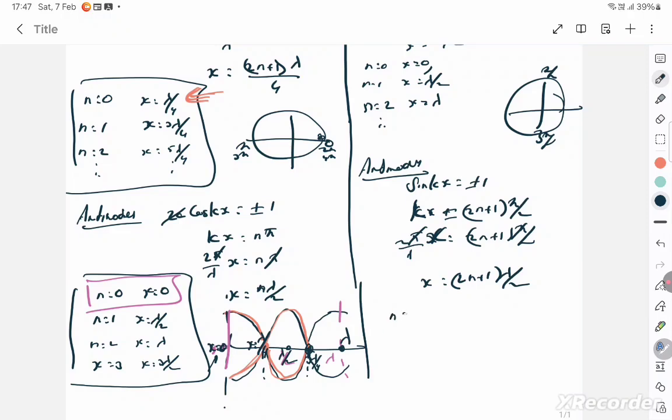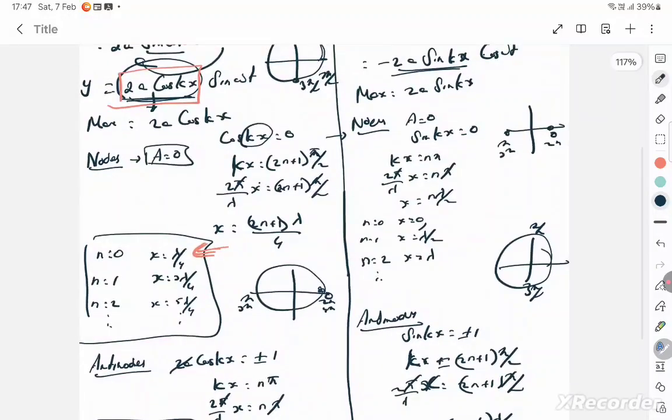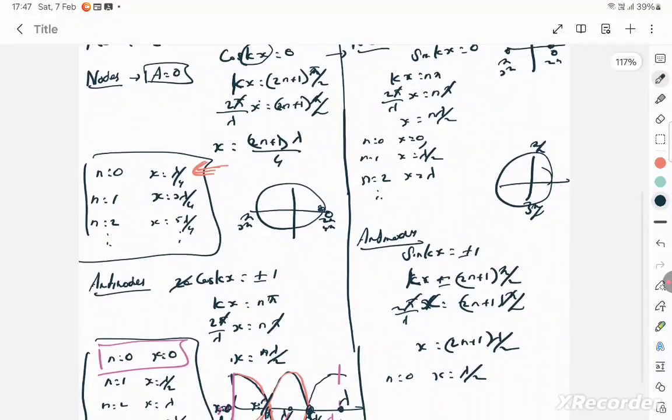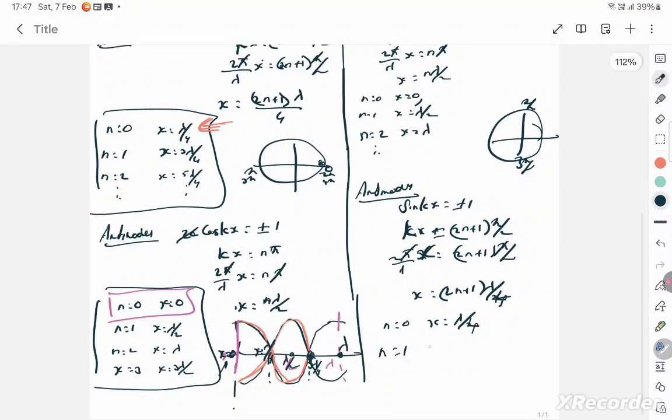So in this case, when n is equal to 0, you get x is equal to lambda by 2, lambda by 4, right? Lambda by 4. Then n is equal to 1, you get x is equal to 3 lambda by 4. And can you see this whole condition is getting reversed here?